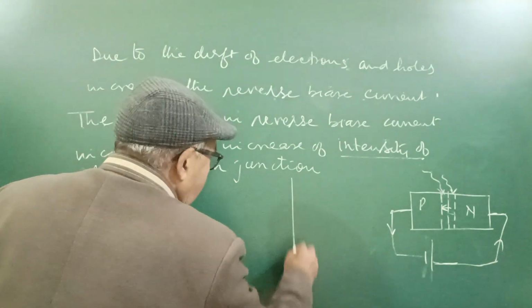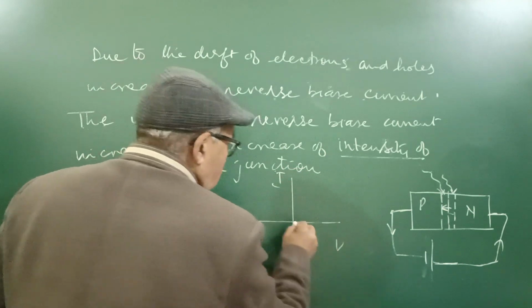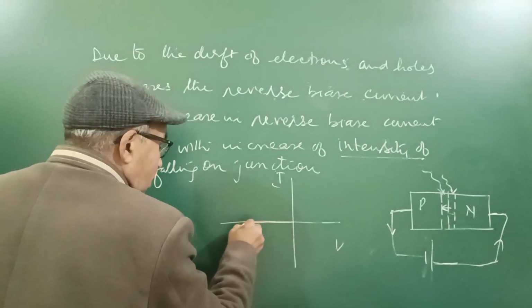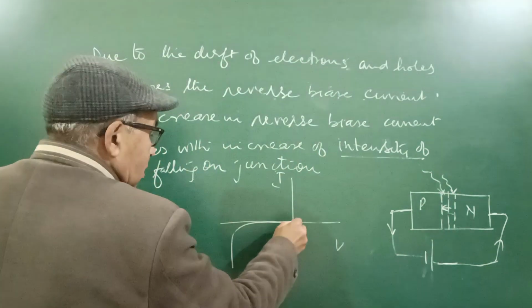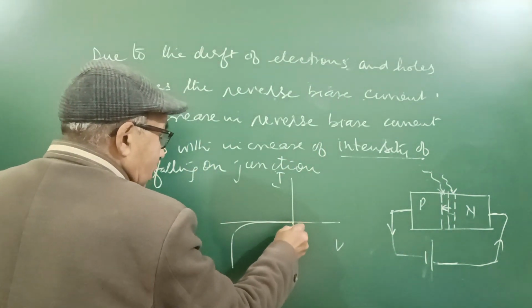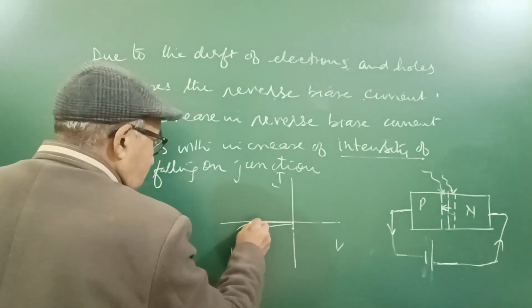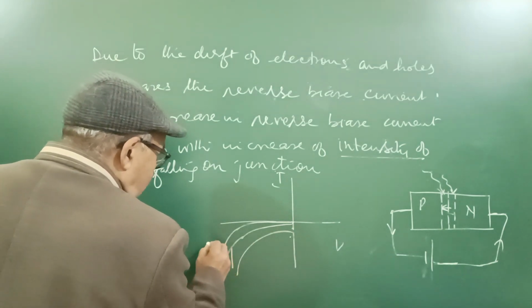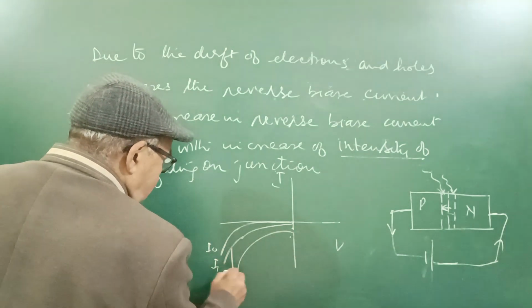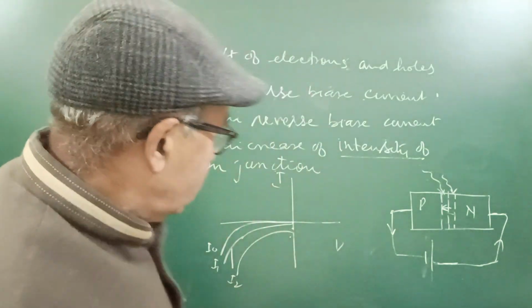Now if you plot the graph, current and V. It was the reverse bias current for the critical value, but when light falls, this reverse bias current may increase like this. Here I suppose 0, I1, I2. As intensity increases, reverse bias current increases.